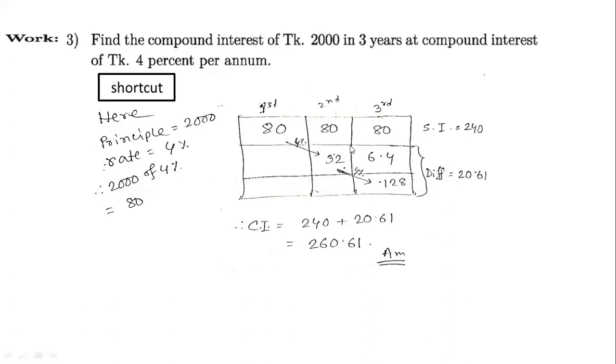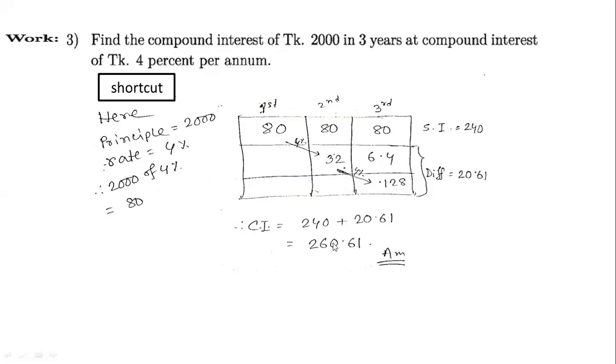If you add these three, then this is the difference between SI and CI, that is, simple interest and compound interest. So our difference is 9.728, and if you want to find the compound interest, then add all of this. These three added together give the difference, and if you add that to the simple interest, you will get the compound interest.